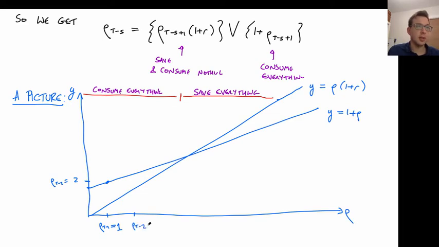Okay, so then I can plot that. Rho of t minus 2 is equal to 2. Okay, and I can look up here and I get the next value. Once again we see this line is above, so it means to consume everything, and I can keep on going. But notice eventually I'm going to pass over this intersection point.